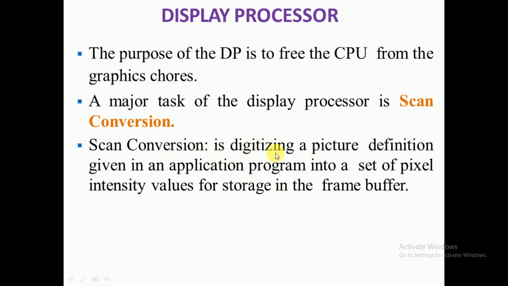Digitize the picture definition given in the application program into a set of pixel intensity values for storage in the frame buffer. That's why the display processor takes your raw input, whatever input you have given, then converts it into digital format. If it is 10, somebody may tell 10, 10 will come here, somebody may tell 10, 10 comes here, because what unit you have taken to measure varies.